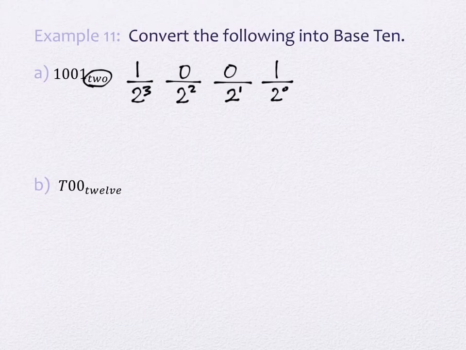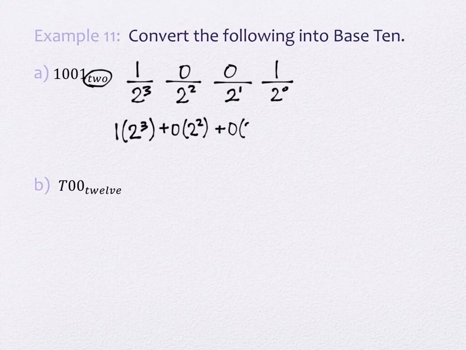So expanded form means taking the value times the place's value. There's a 1 in the place 2 cubed. There is a 0 in place 2 squared. There is a 0 in place 2 to the 1. And there is a 1 in the place 2 to the 0. That's expanded form.